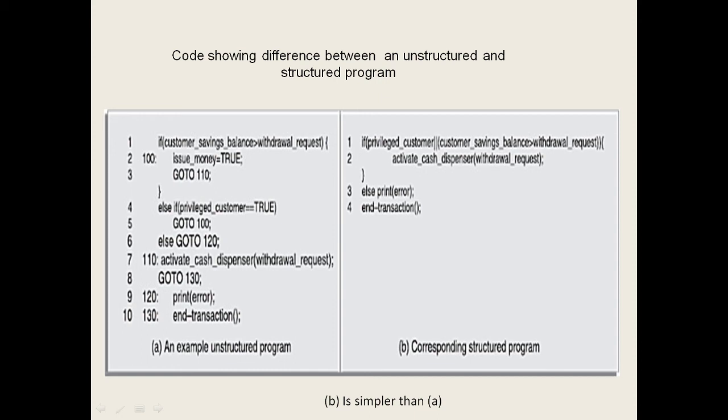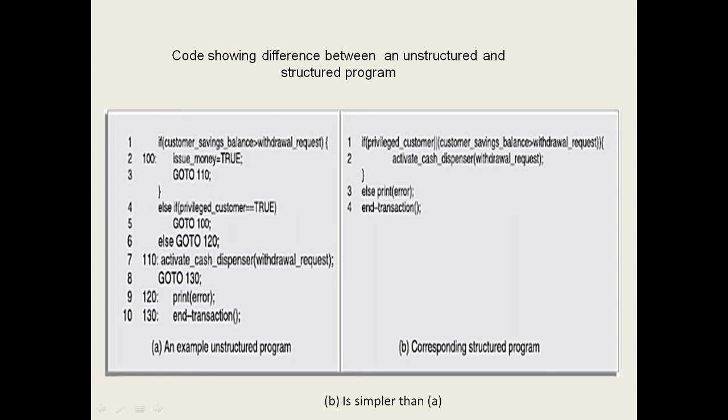If the privileged customer condition is true, then check the second condition, whether customer savings balance is greater than the withdrawal request. If this is true, the second statement will be executed, that is, activate cash dispenser of withdrawal request. So it checks the privileged customer and the customer current balance in the same statement with a single if statement, and then the control of execution transfers from the first statement straight to the second statement.